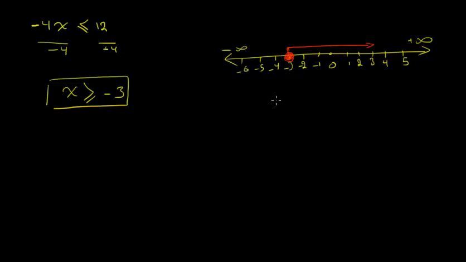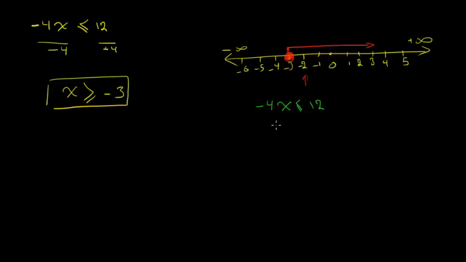We can test our solution. We can choose any value greater than or equal to minus 3 to test our solution. Let's choose minus 2. Now we can rewrite our inequality. Minus 4x less than 12.